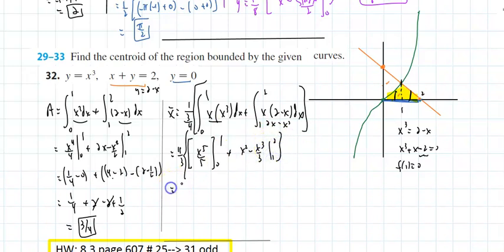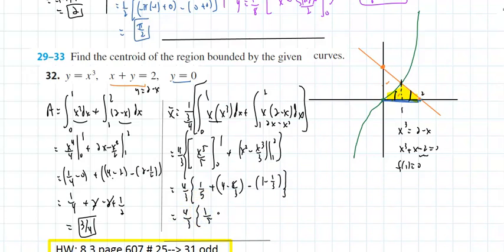So that is 4/3 times 1/5 plus 4 minus 8/3 minus 1 plus 1/3.